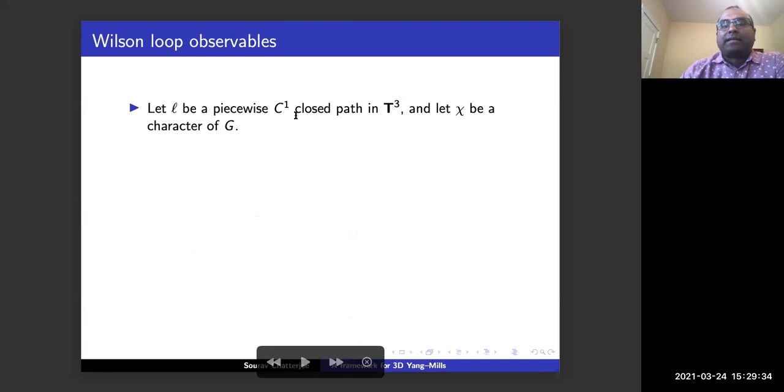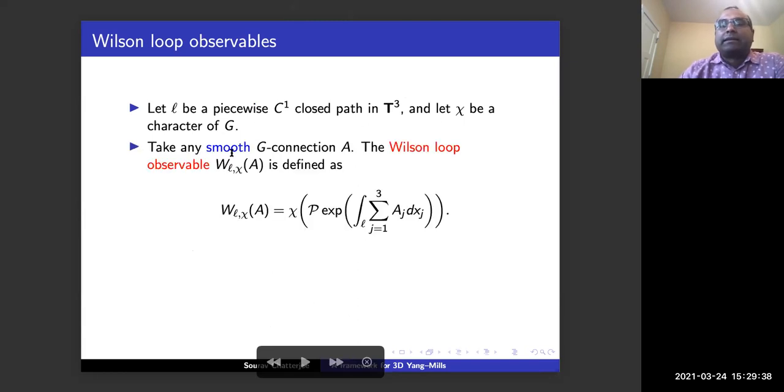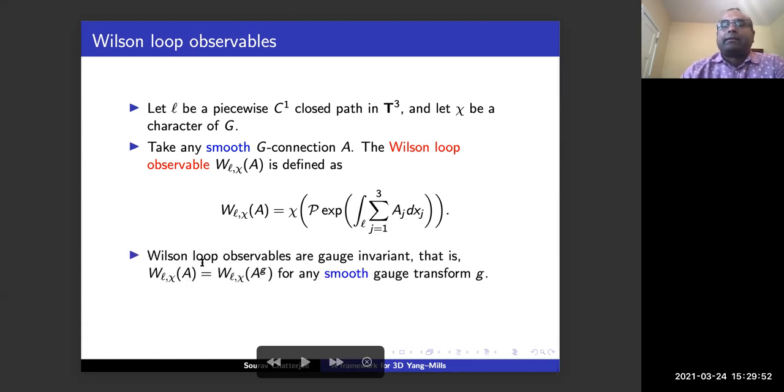Now, let L be a piecewise C1 closed path, and let chi be a character of G. Then take any smooth G connection. The Wilson loop observable W_L,chi of A is defined by applying chi to this path-ordered integral, where chi is any character of G. These Wilson loop observables have the nice property of being gauge invariant.